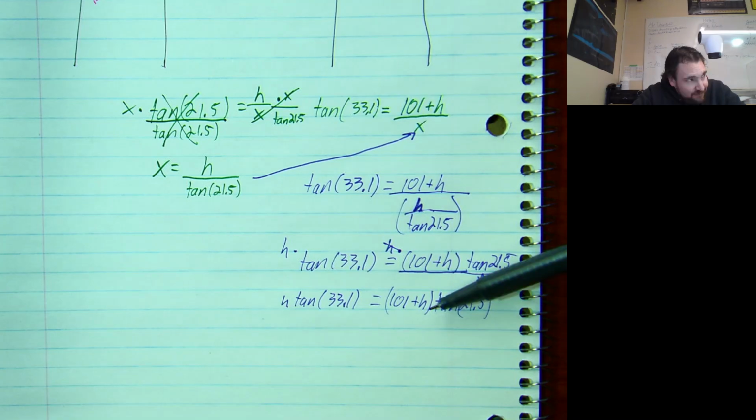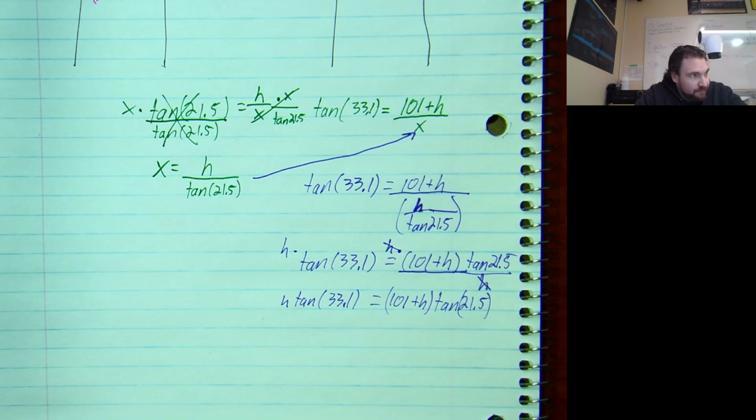Divide? I could divide. That's one option. The other option is to do what? I could multiply this tan 21.5 in. Both of those are equally acceptable options. Naya, which would you prefer? Probably multiply. Oh, you're changing your mind. Yeah.